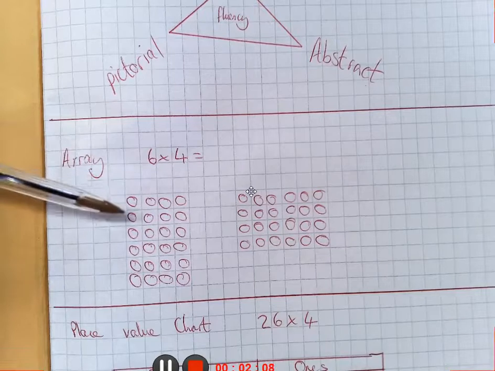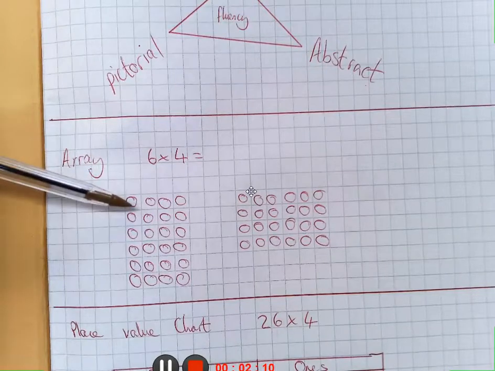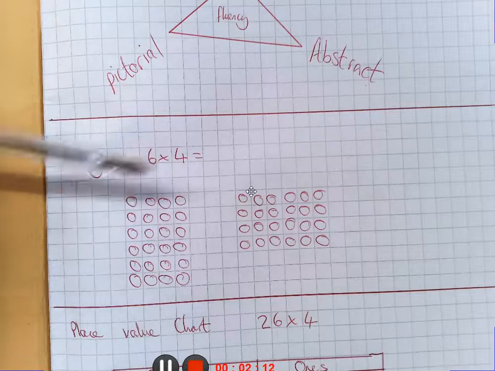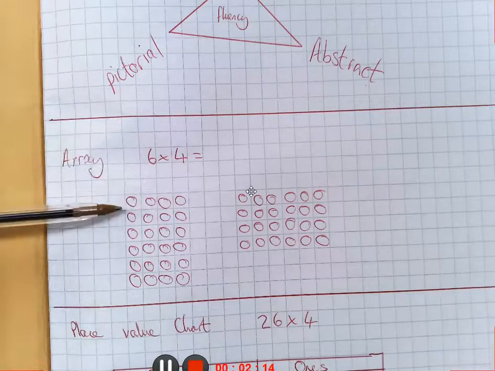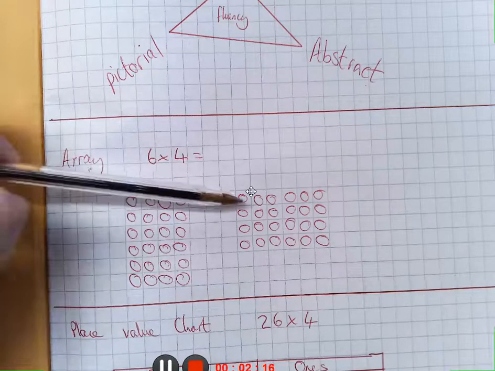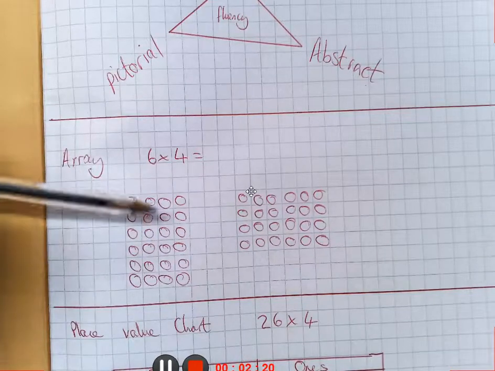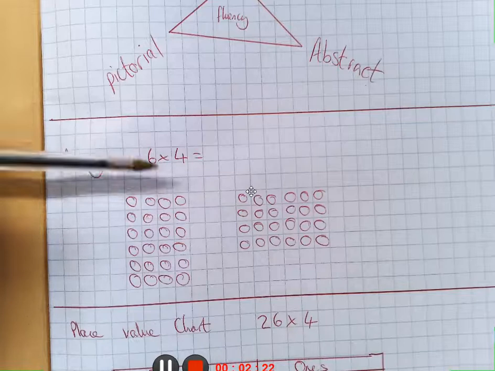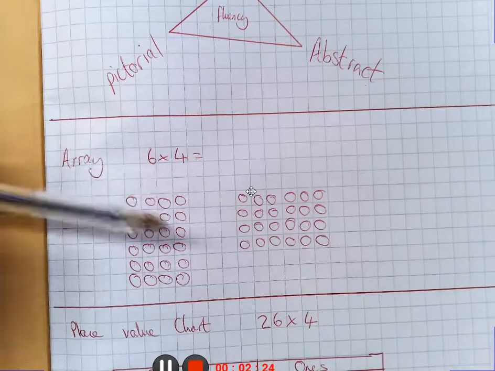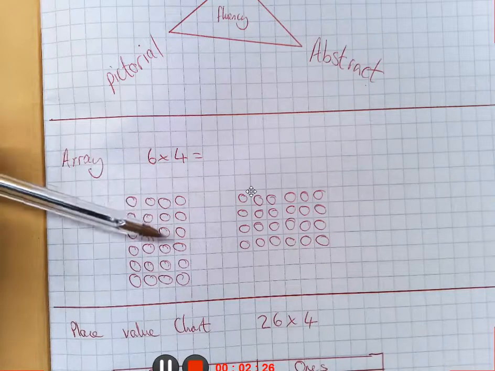So the idea here is that the children are very clearly seeing what 6 times 4 means. It's 6 rows of 4, or it can be 4 rows of 6 as well, so that they can physically see what multiplication means and how big a number can get when you multiply.